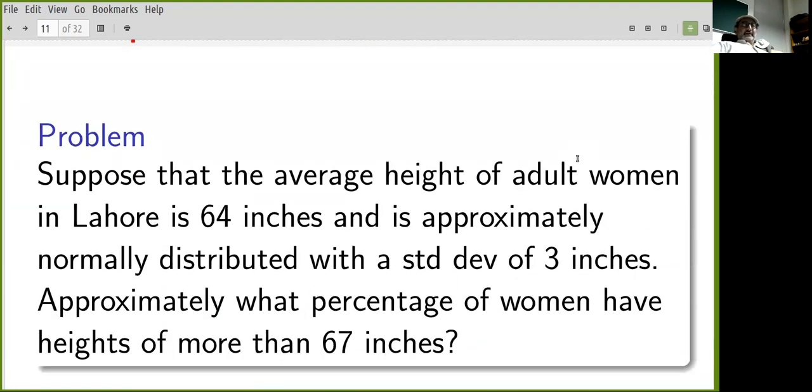Let's say, just making the numbers up here, that the average height of adult women in the world is 64 inches, and it's approximately normally distributed with a standard deviation of 3 inches. Approximately what percentage of women have heights of more than 67 inches?